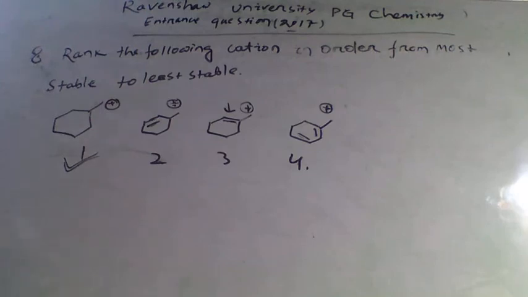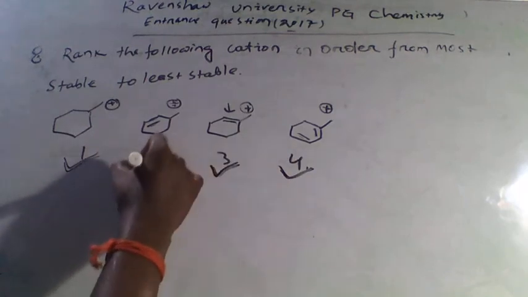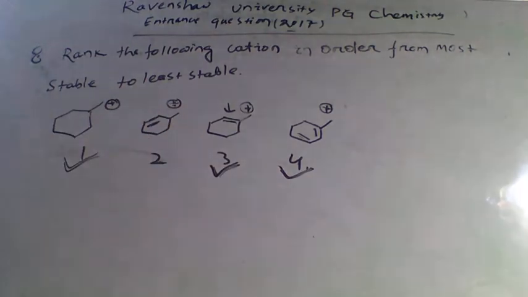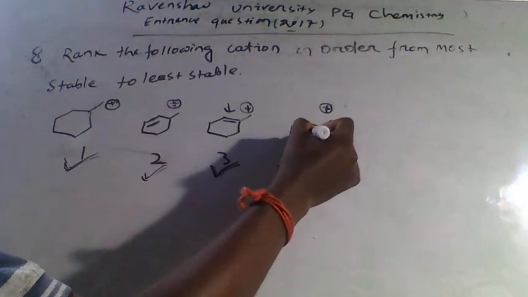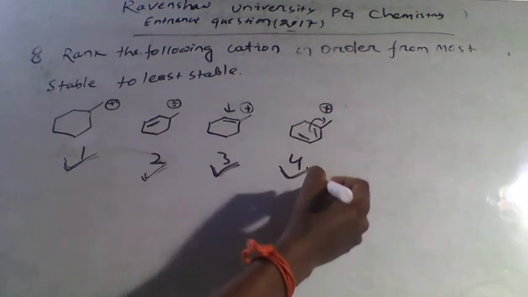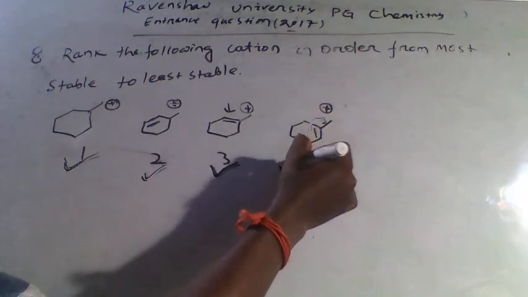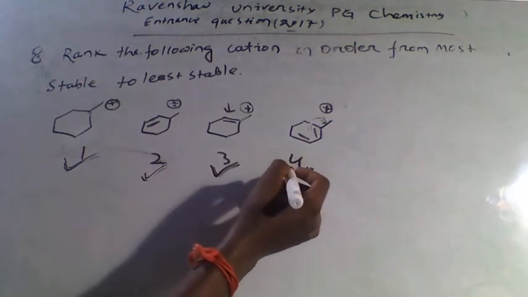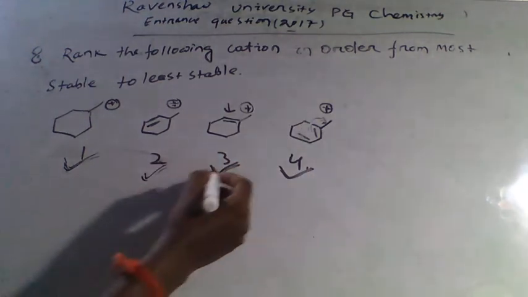Also you know that in carbocation stability, the resonance effect dominates over the hyperconjugation effect. Here two molecules have a resonance effect, and the others have no resonance, but this molecule has a more electron rich center as compared to the first one. The fourth case, with 2 pi bonds in conjugation, is the most stable.